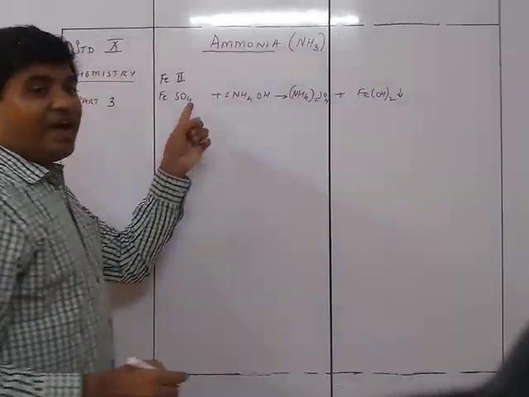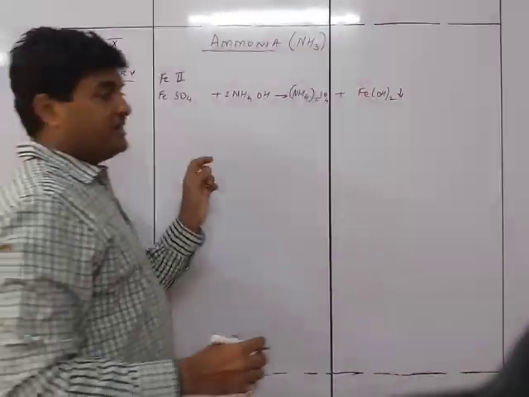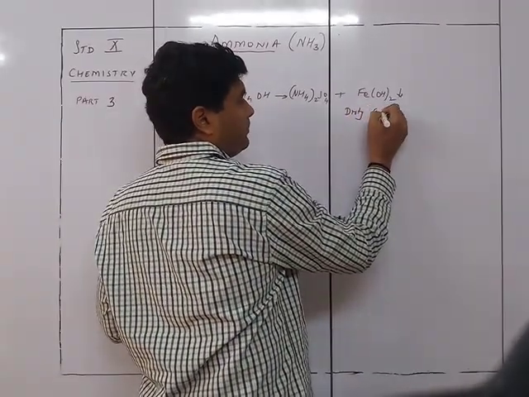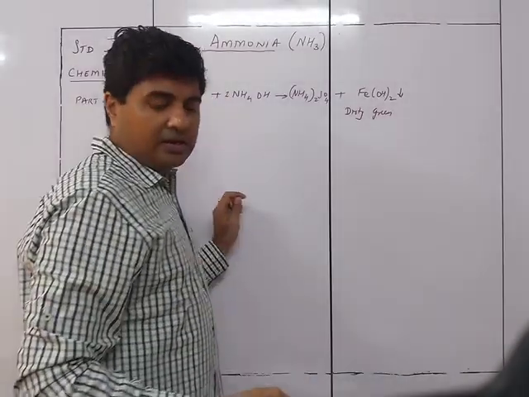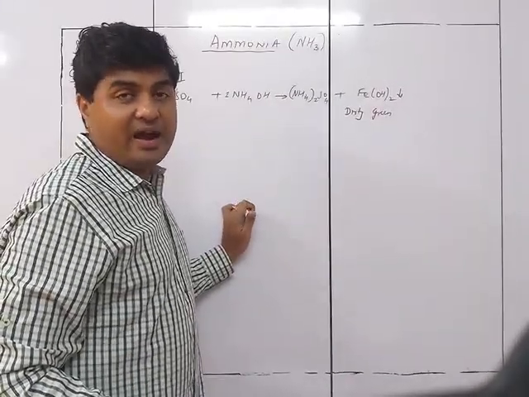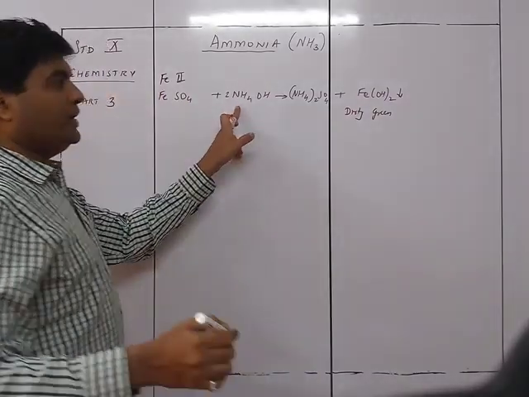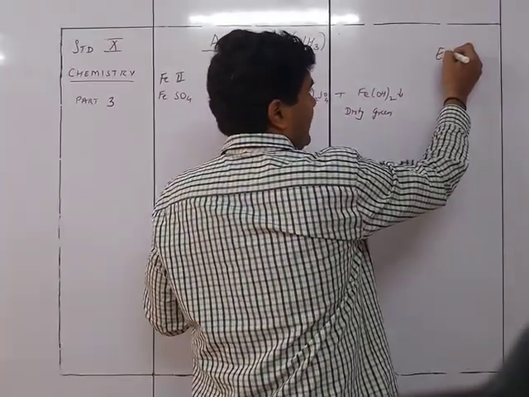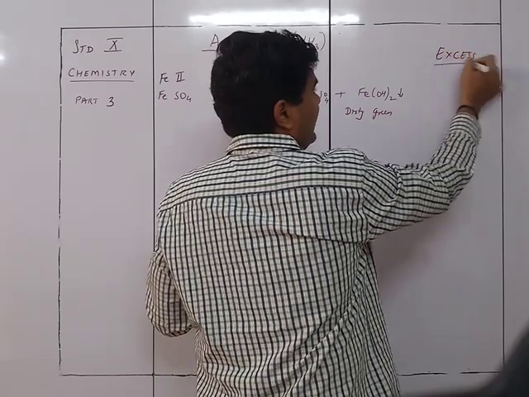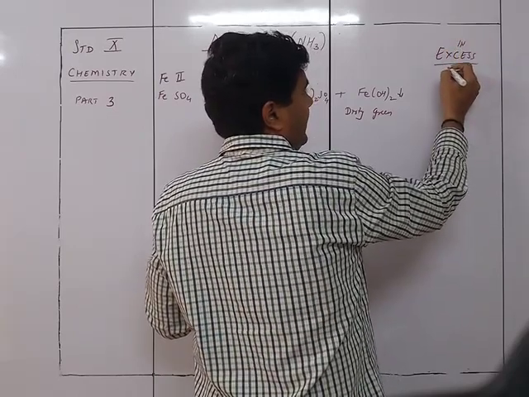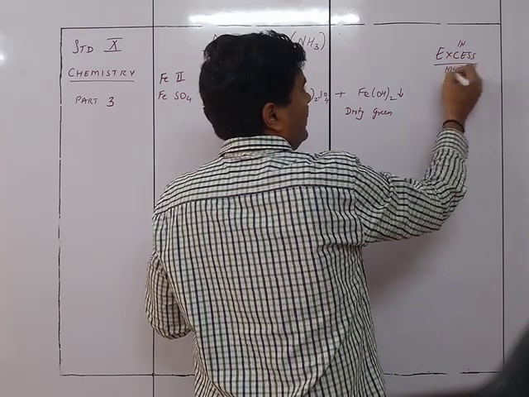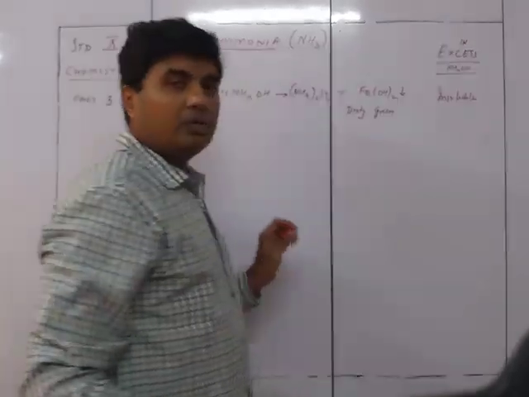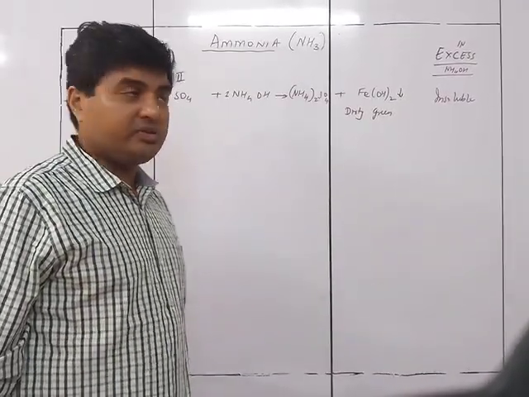This is ferrous, and ferrous is dirty green. And if I add some more NH4OH to it, it still does not dissolve. So in excess NH4OH, it is insoluble.